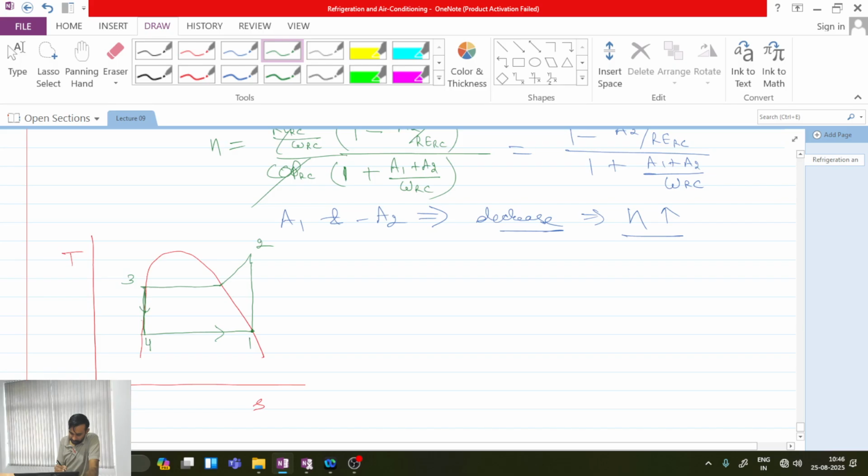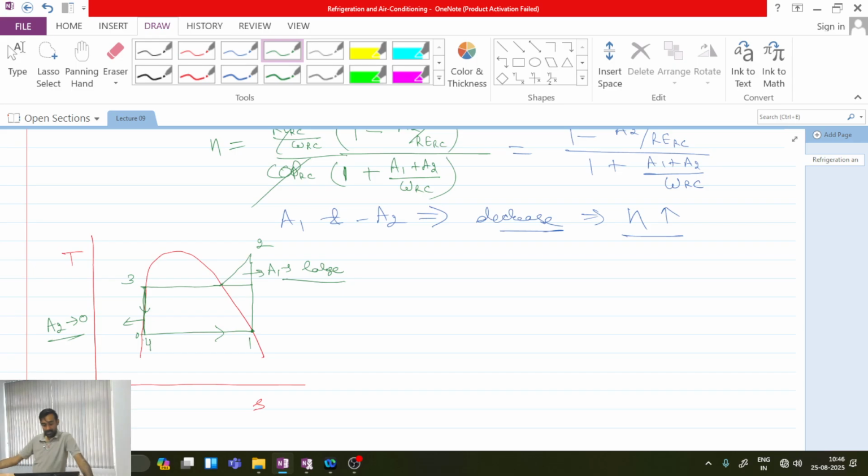So 0 to 3 and 0 to 4 are coinciding. So for this type of working fluid A2 is 0. However, it has a significant amount of A1. A1 is large. So one type of working fluid could be one whose saturated liquid line is almost vertical. This type of fluid will have almost negligible throttling loss, whereas it can have a large value of superheating.